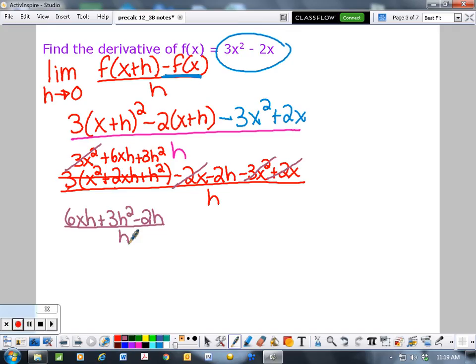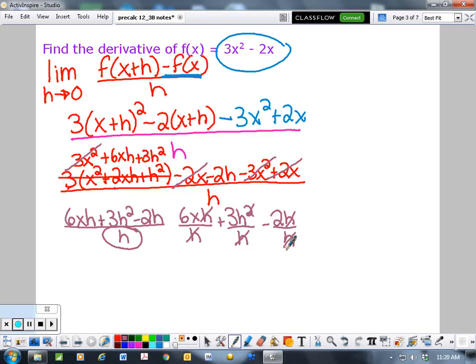So we're going to start canceling out h's. This is really like 6xh over h plus 3h squared over h minus 2h over h. We can separate that out because there is just one thing there, and then we can cancel out some h's.